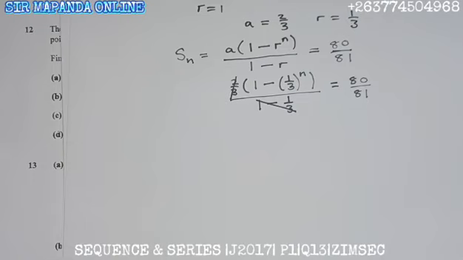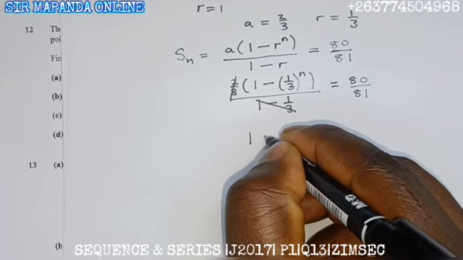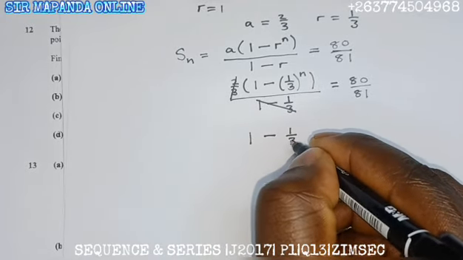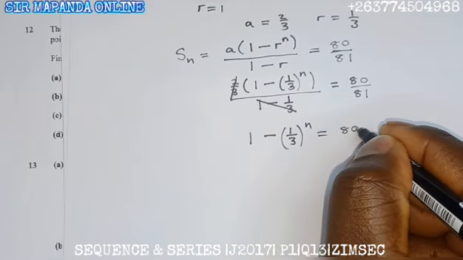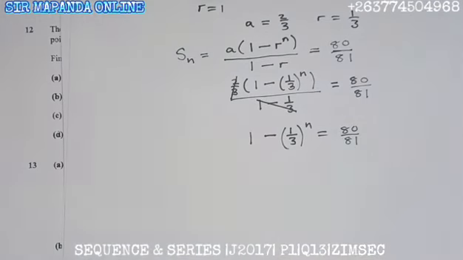I hope you are following, right? So you are now left with 1 minus 1/3 to the power of n is equal to 80 over 81.